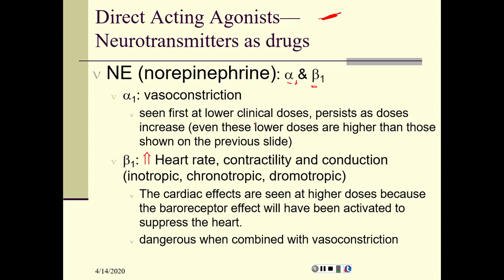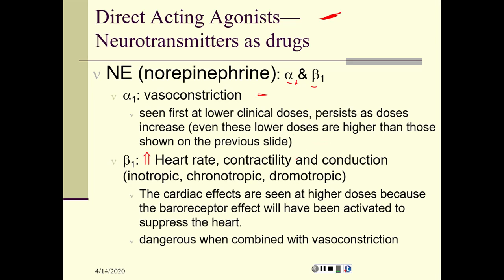These low doses are higher than what we saw on the previous slides. When you use norepinephrine as a drug, you immediately give sufficiently large doses that you miss that beta 2 effect, and you're on into the alpha effect on the vasculature. So norepinephrine as a drug is predominantly known as a vasoconstrictive agent, right? And it's a powerful vasoconstrictor.